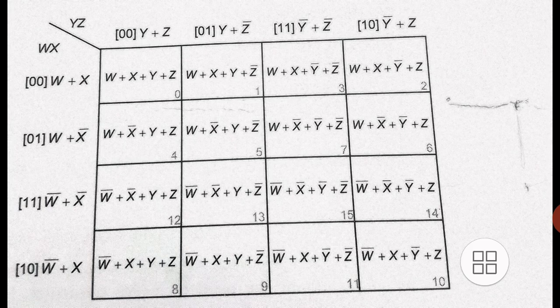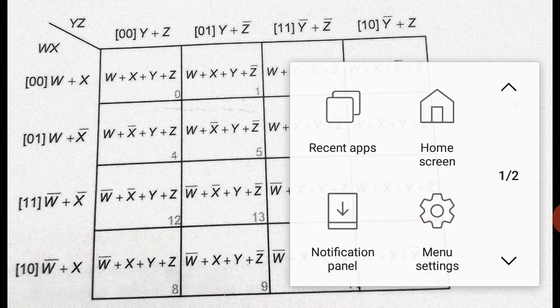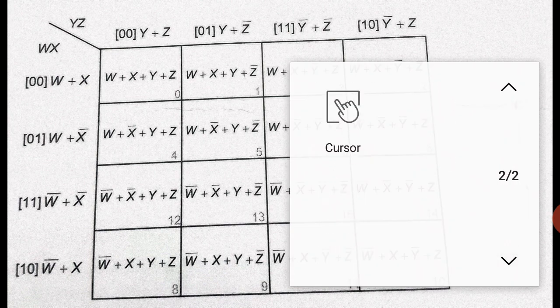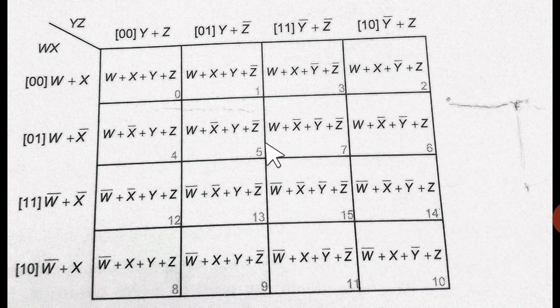Now depending upon the input combination we complement the variables. In the maxterm, the ones are complemented. When the combination is 0 0 it is w plus x, when the combination is 0 1 it is w plus x', when the combination is 1 1 it is w' plus x', when the combination is 1 0 it is w' plus x.